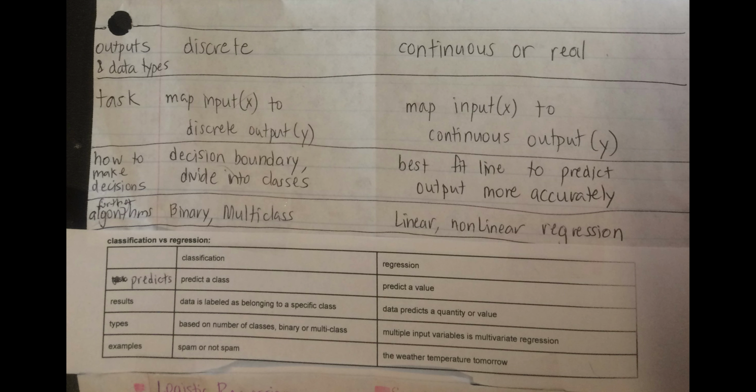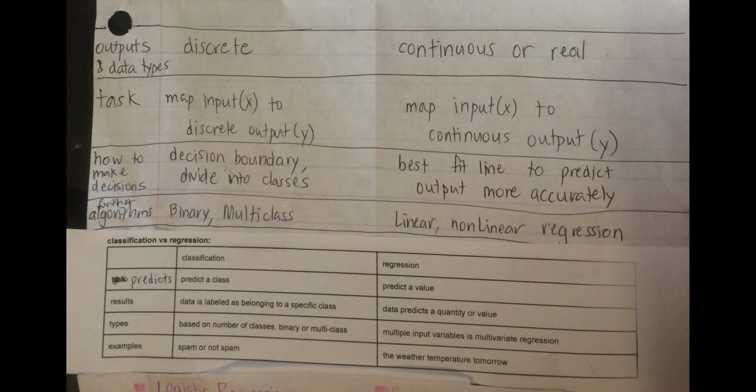What kind of task do they each perform? Classification maps input X to discrete output Y, and regression maps input X to continuous output Y.